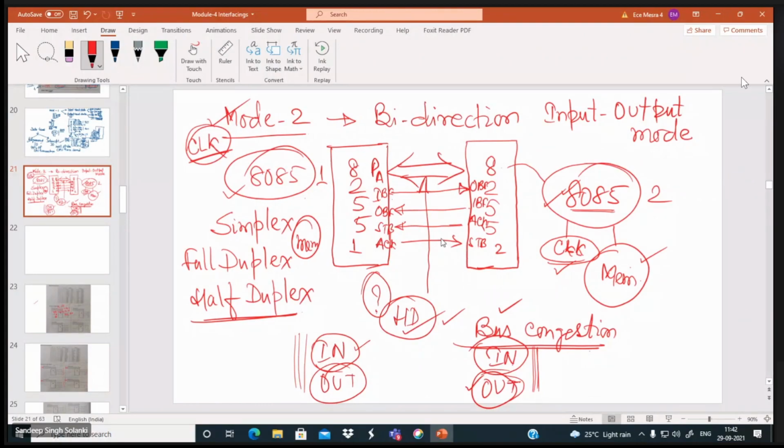And that situation is never going to arrive. And when it is not going to arise, then as a programmer you will find that the bus is busy with some other work. But exactly it is not busy. It is happening because of the mismatch of the clock period. Am I clear with my explanation about this mode 2?